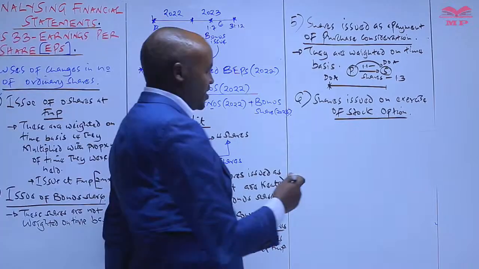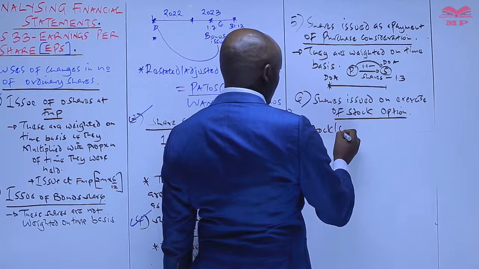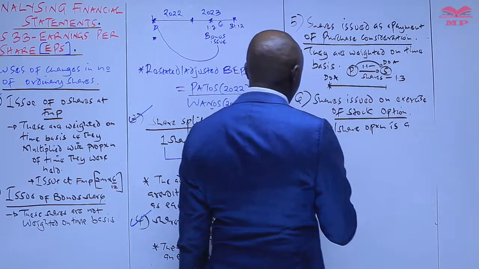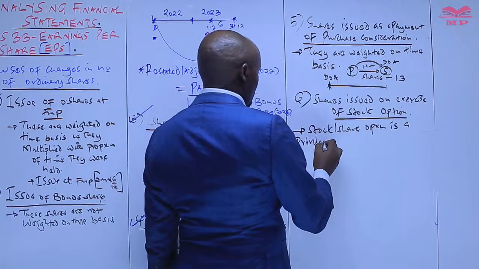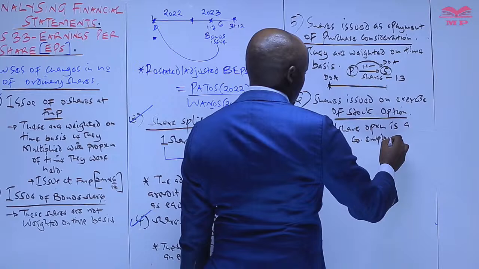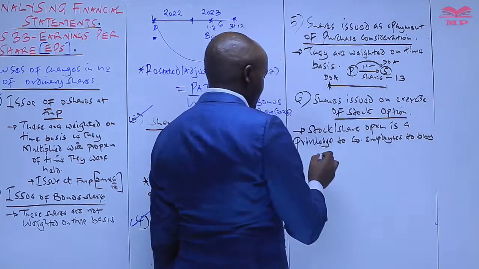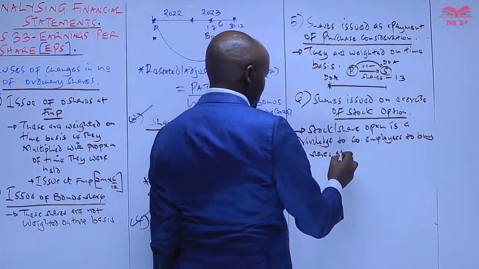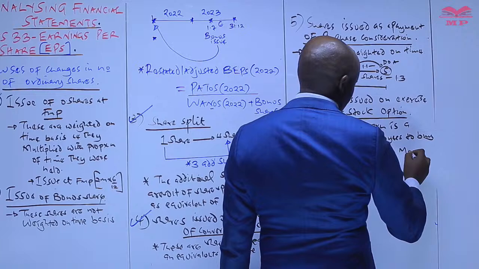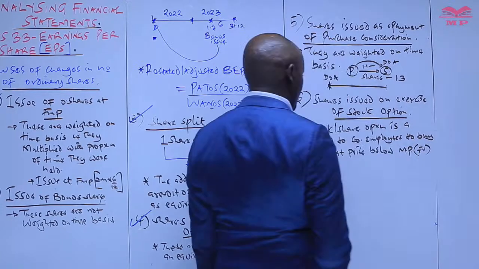So first of all, a stock option, which is also known as a share option, is a privilege to company employees to buy company shares at a price below market price, or basically at a price below the fair value.